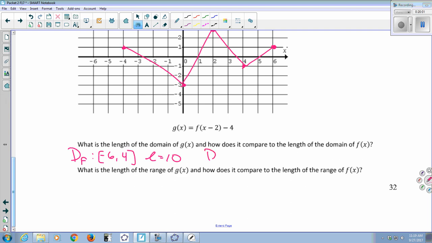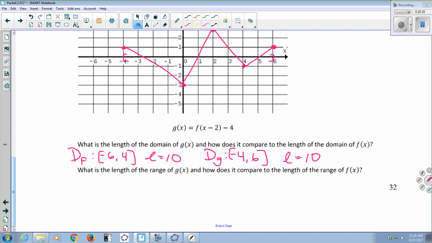And then the domain of g looks like it goes -4 to 6, which was the same as the domain of f. They are the same, right? Oh, sorry, it's not the same. It was -6 to 4. Now it's -4 to 6. So the domain still has a length of 10, even though it has changed, right? So the length of the domain of f and g stays the same.